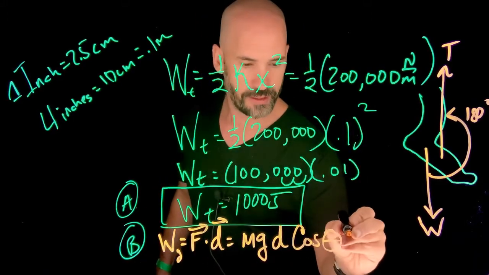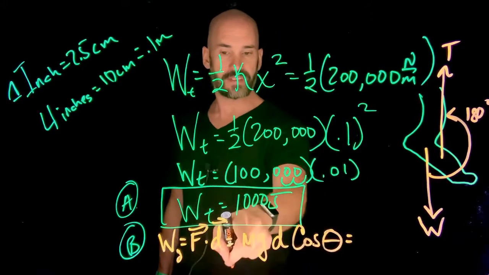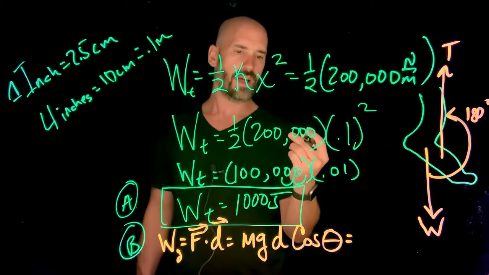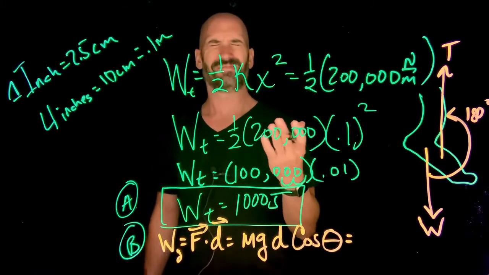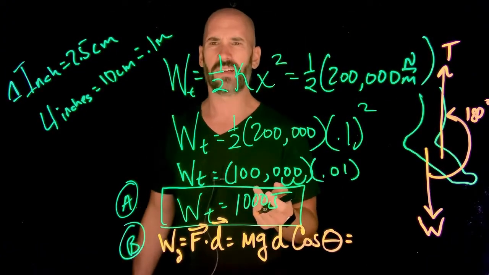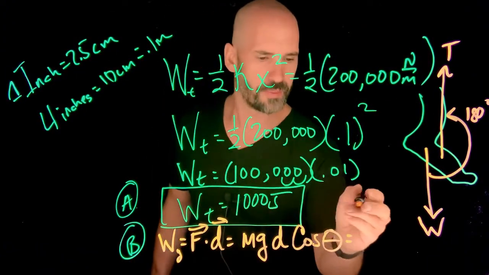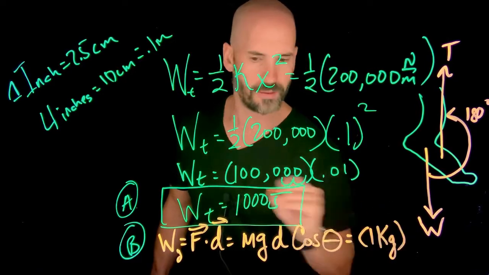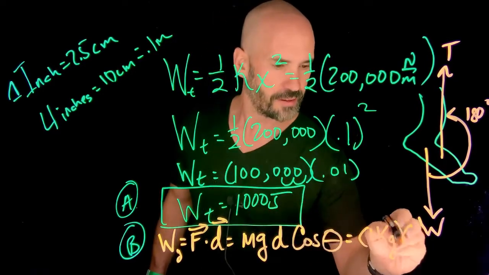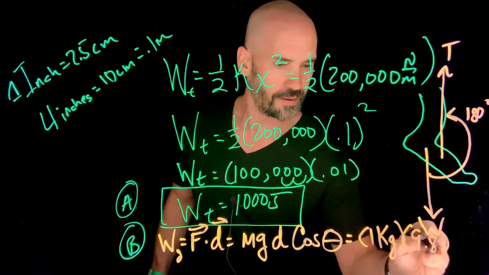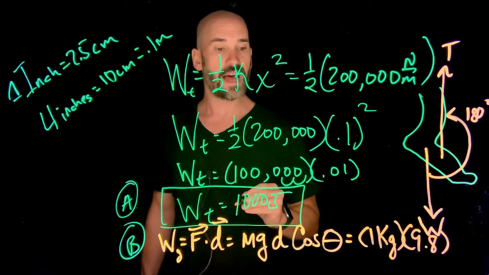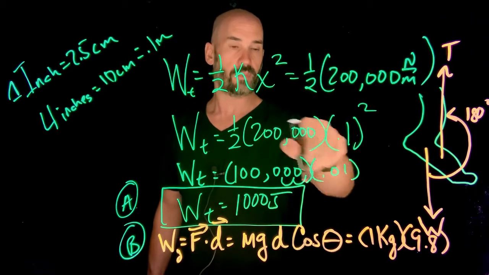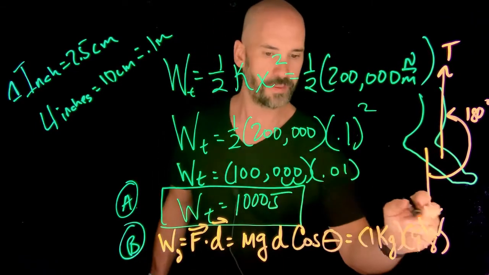So this will be the mass of the foot, which I approximate here to be about, let's say, I don't know, what is a typical foot? A kilogram? Okay, so I'm going to say 1 kilogram, times 9.8, times the displacement, and we said the displacement is going to be about 0.1 meters, right?